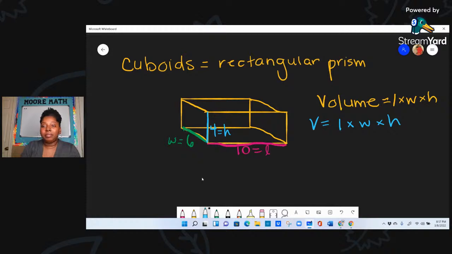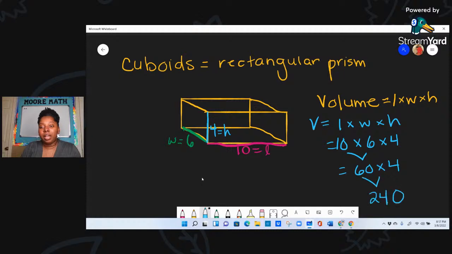So you just plug it in. Length 10 times 6 times 4. And 10 times 6 is 60. And 60 times 4 is 240. Okay? So 240. Now let's say it was inches, 10 inches.